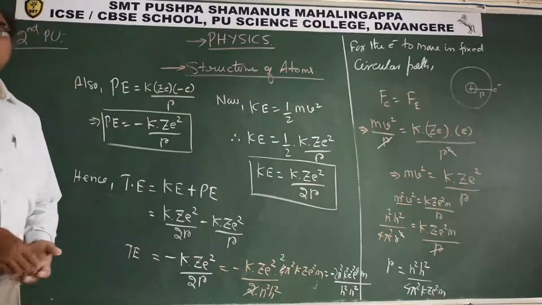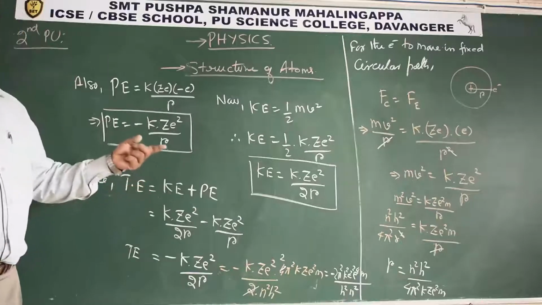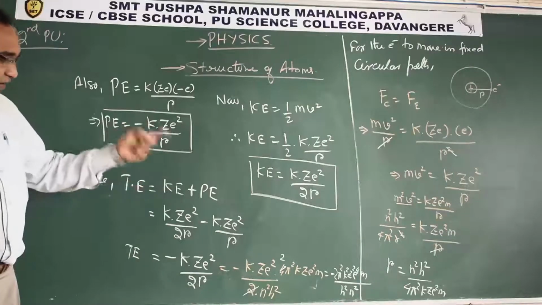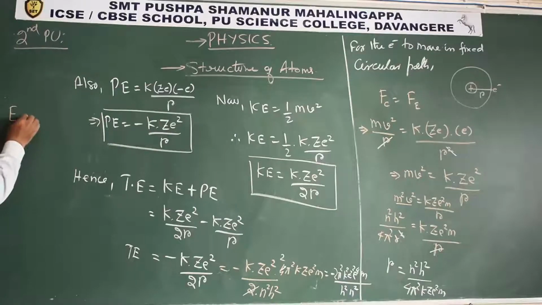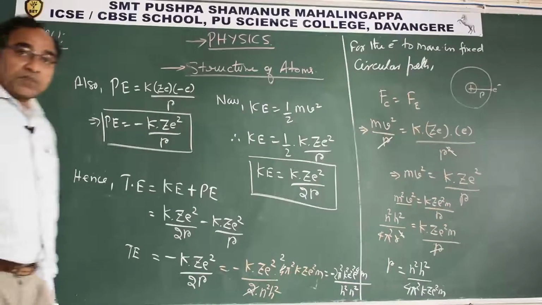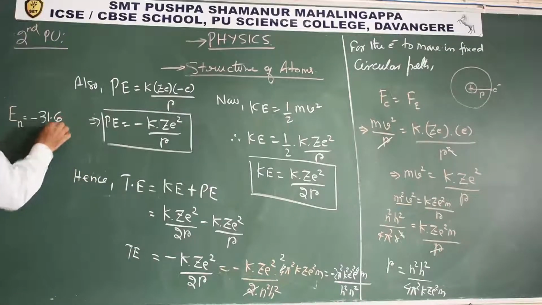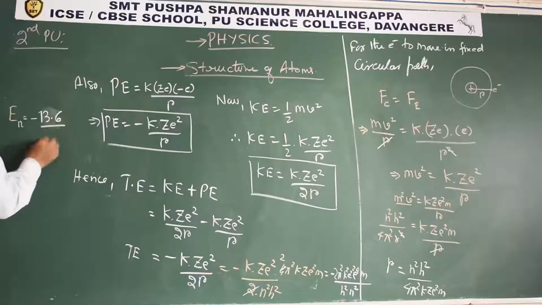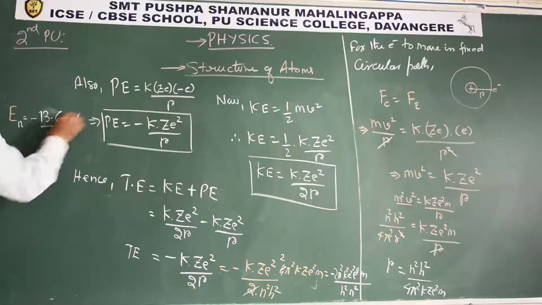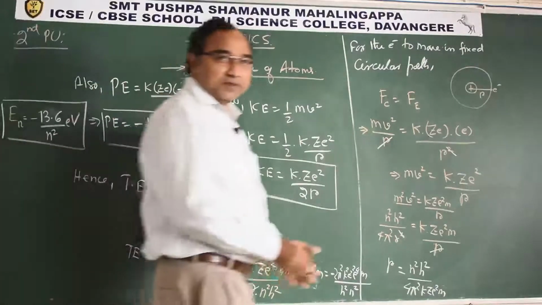Now if we pass on all the values of constants, 2 pi square k Z e and everything, we are getting the energy of the electron in the nth orbit. I think if you remember, it is minus 13.6 by n square electron volt. I think this is what you have remembered, na? The energy of the electron.